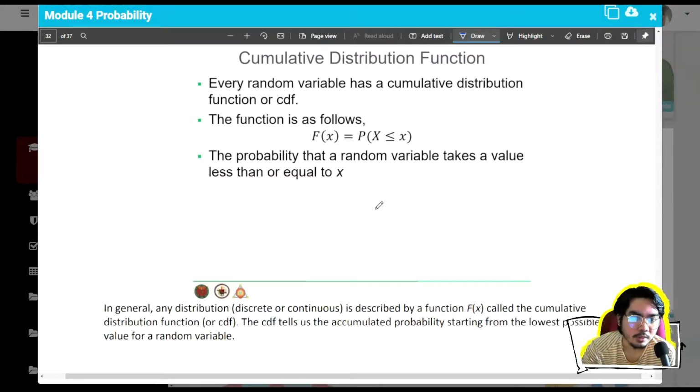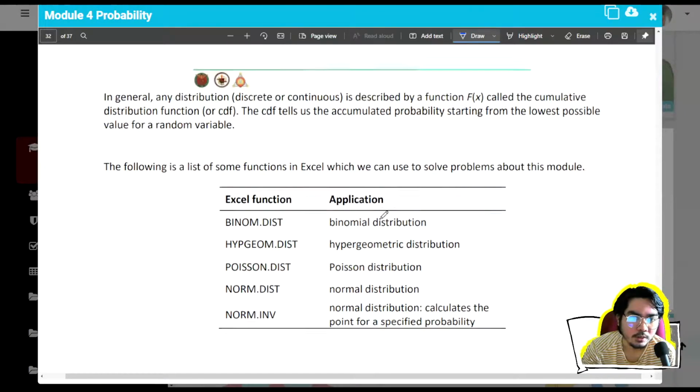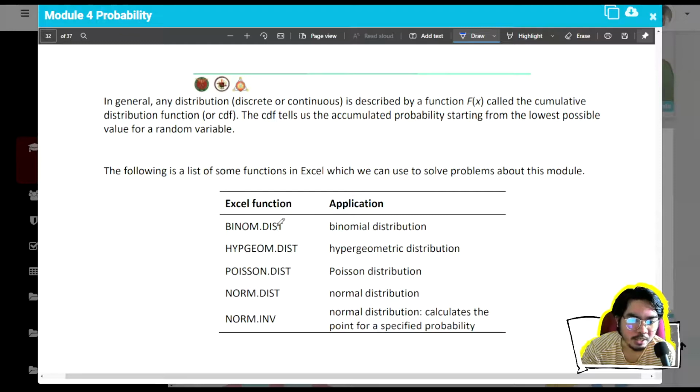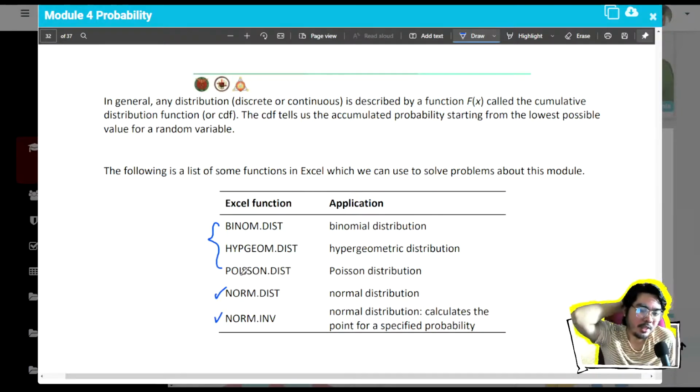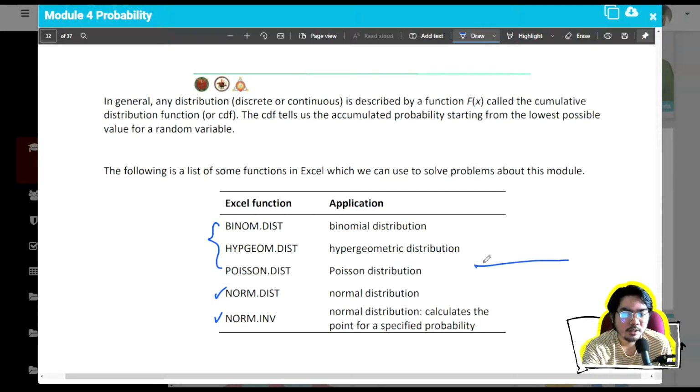And these are what I showed earlier, the first three. The last is for the normal distribution. In the normal distribution, we have two: norm.dist and norm.inv. When norm.dist is written, what we are computing is the area under the curve.